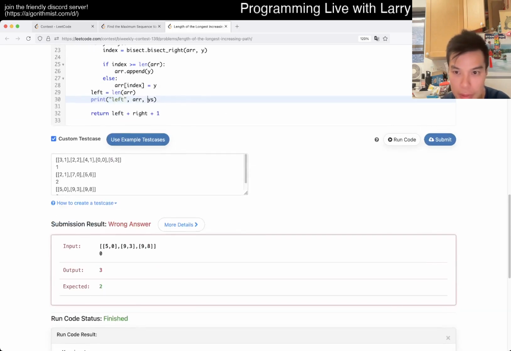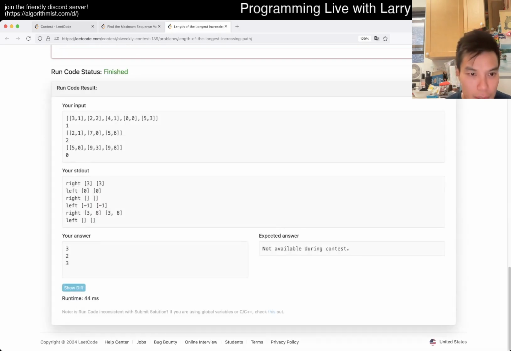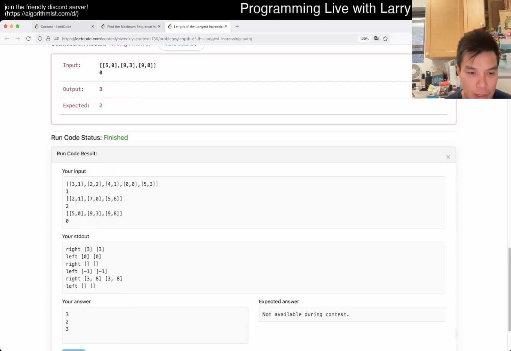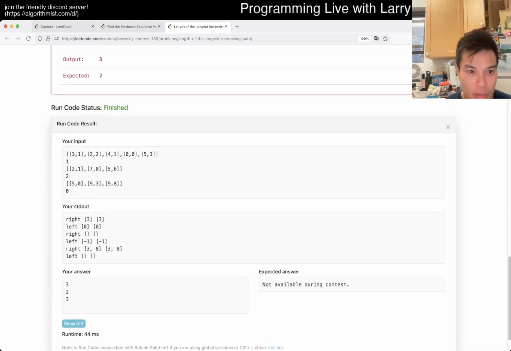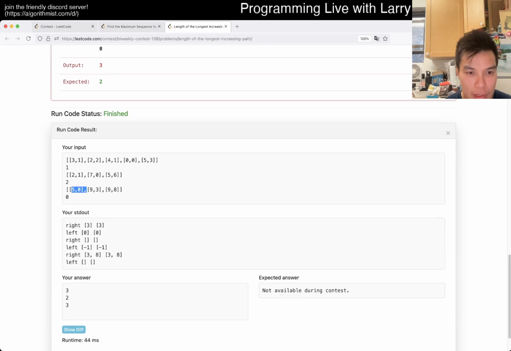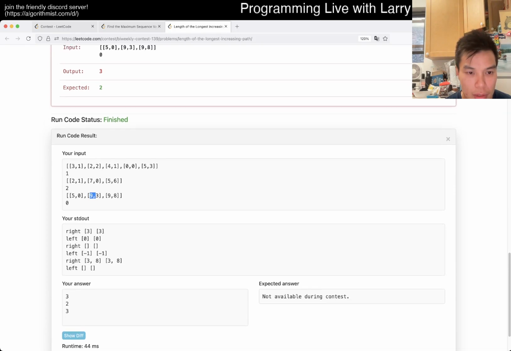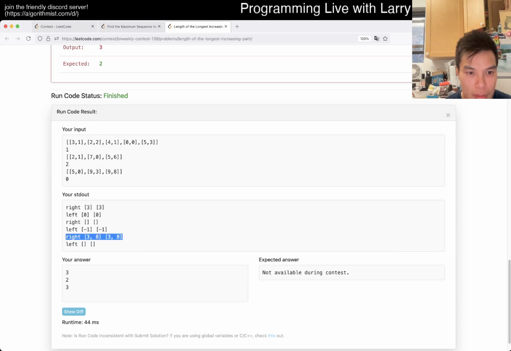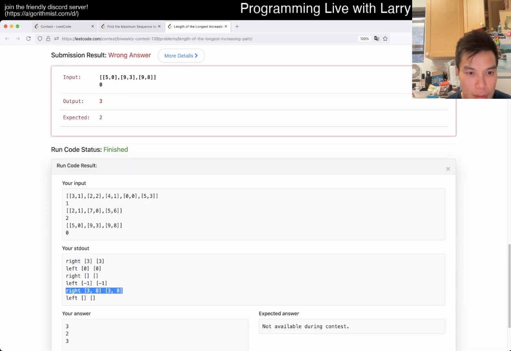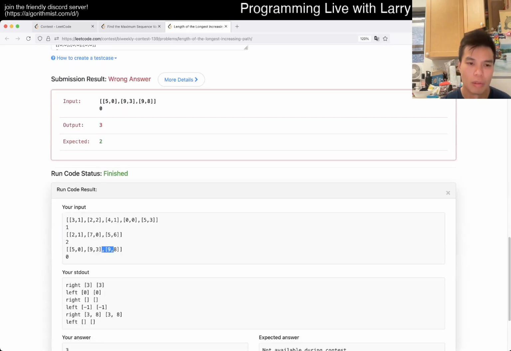So the answer should be 2, but I get 3. So I'm just really wrong. So the index is 0, so 1, 5, 0. Why do I have 3 then? Left. Oh no, they're both right.